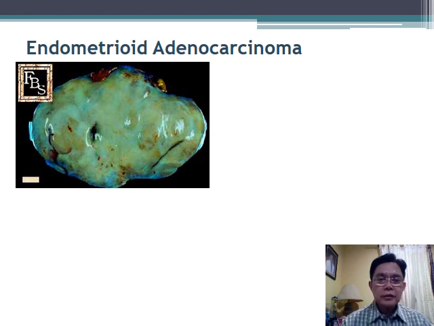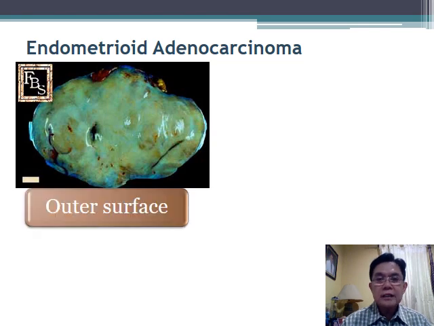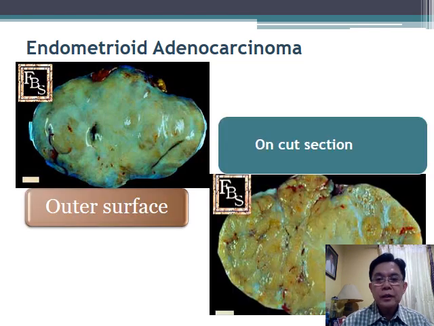Endometrioid adenocarcinomas are solid tumors with cystic areas with a smooth outer surface. On cut section, they also manifest as solid with cystic areas, with the cysts containing friable, smooth masses and bloody fluid.